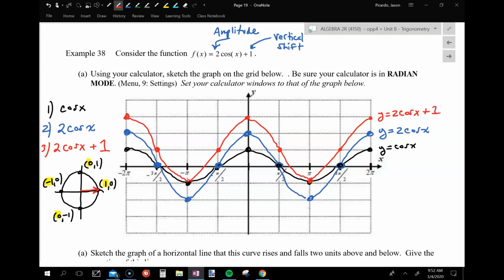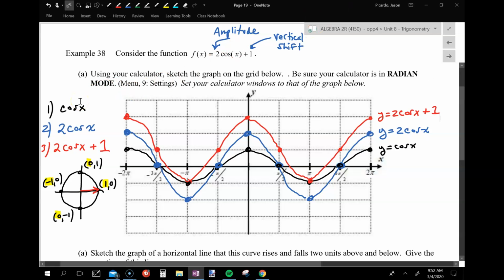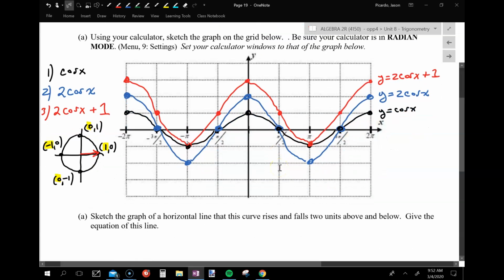So what I did there, guys, is I really wanted you, Trinity, to see the progression of how we take this and we morph it into the red one, right? And that was a 2-step process.